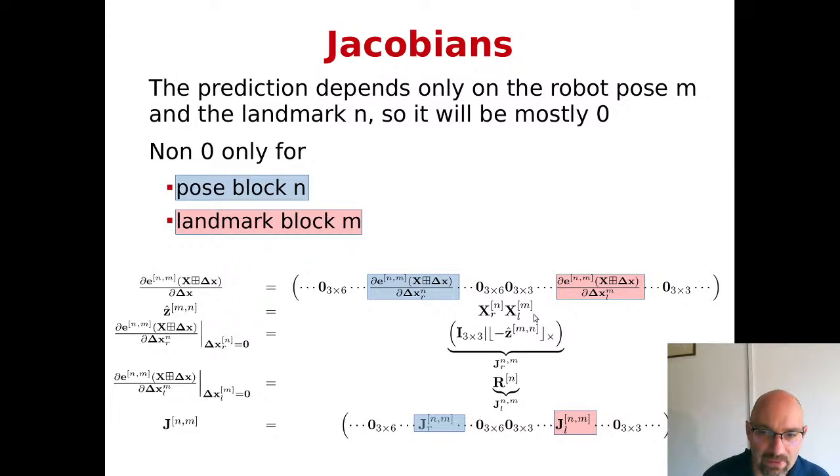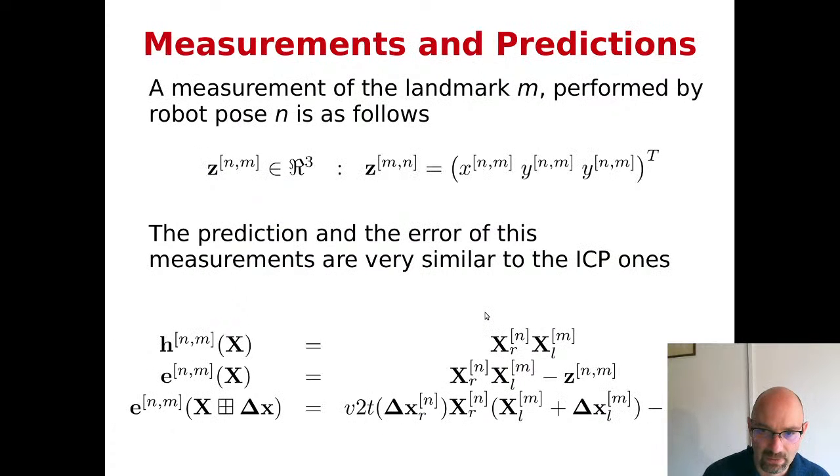Now, look at the derivative of this function over here. Derived with respect to delta XR and evaluated at delta XR equal to 0 and delta XL equal to 0 should sound somehow familiar, isn't it?